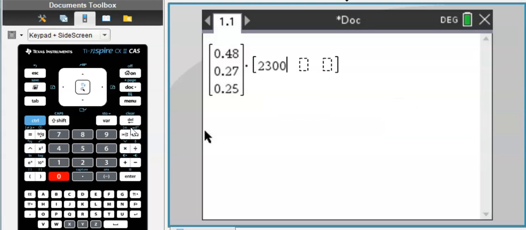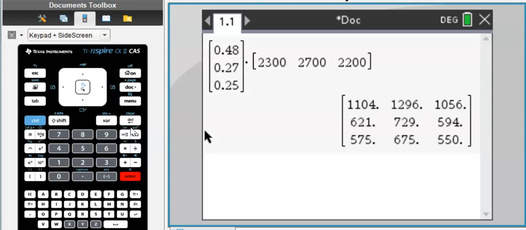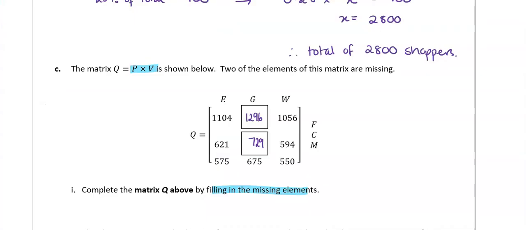And we had 2,300, 2,700, 2,200. And if we just press enter, that'll do that calculation for us. So the two values that we were looking for were in column 2, row 1 and row 2. So we can go and transfer those values in now. Okay, so there's our values.